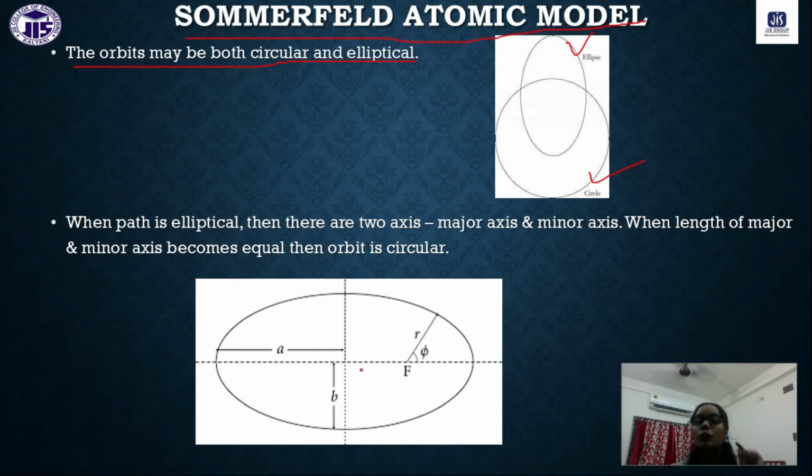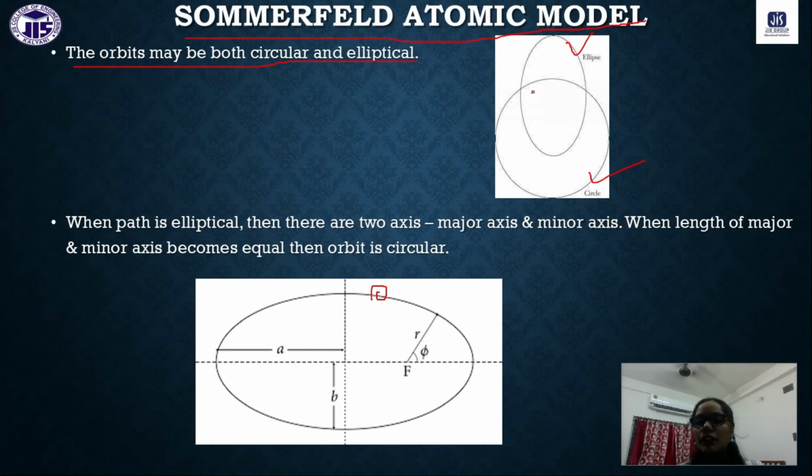we have two axes, one major axis and one minor axis, and every time the position of the electron changes; the position and angular momentum both change.